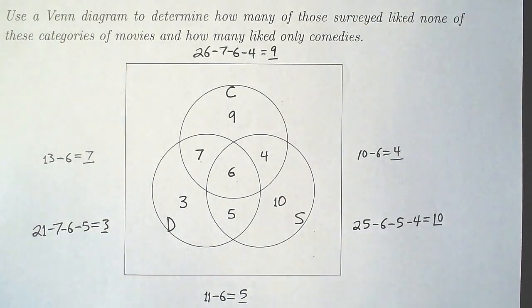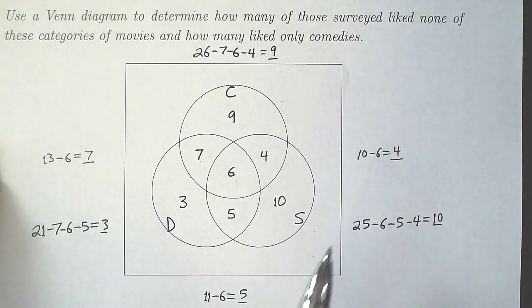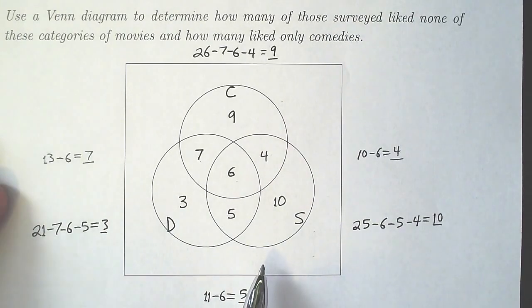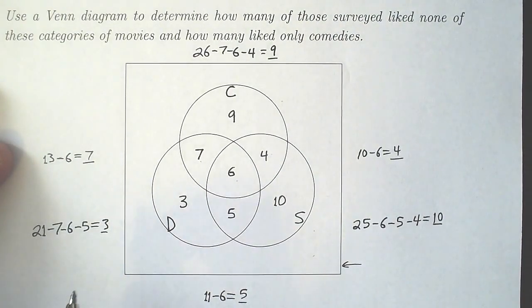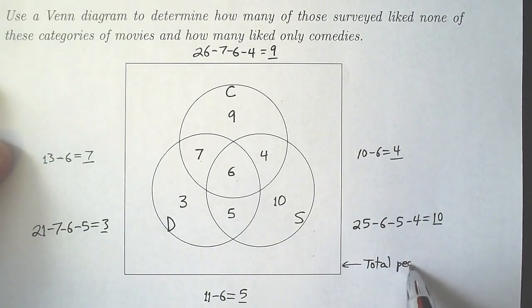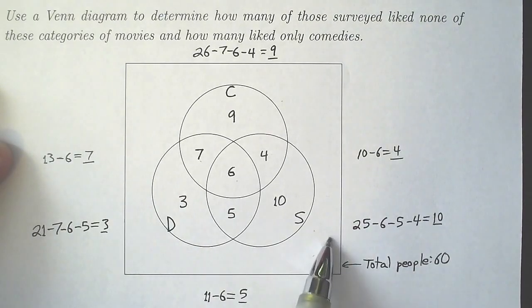And we have one more thing. We have this outer box. Let's see. For the outer box, there is one piece of information at the top of the page that I haven't used yet. Look at the very first sentence of the problem. It says the total number of people surveyed was 60. So how many people? What number do I need to write out here?